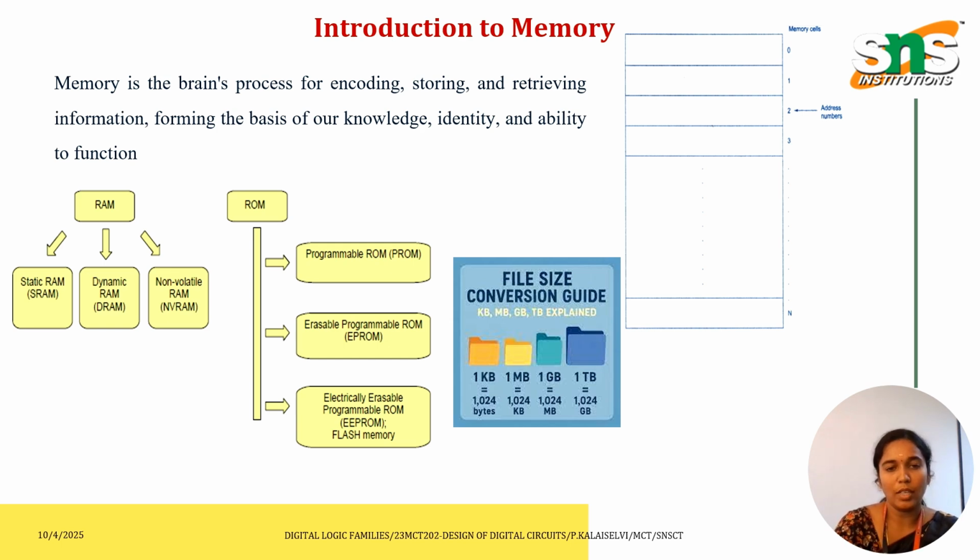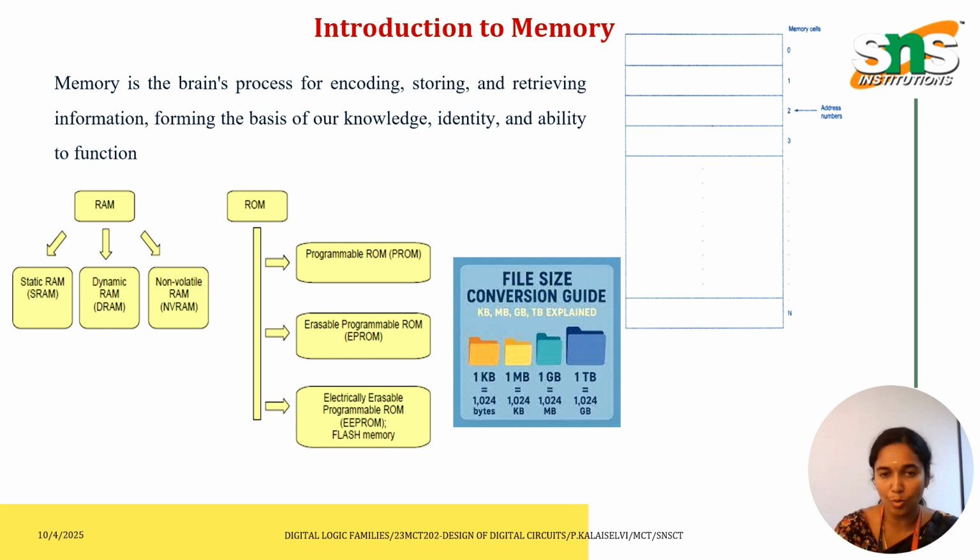Here is the file size conversion. We know that one bit is 0 or 1. 0 is an individual bit and 1 is an individual bit, right? 8 bits is equal to 1 byte. 1024 bytes is equal to 1 kilobyte, that is 1 KB. 1024 kilobytes is equal to 1 megabyte, that is 1 MB, and 1024 megabytes is equal to 1 GB.